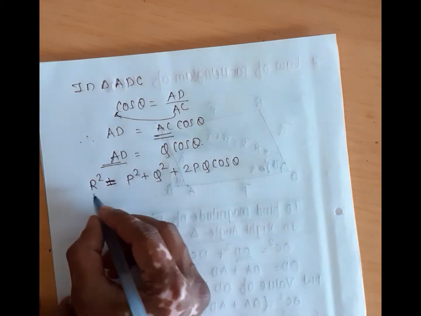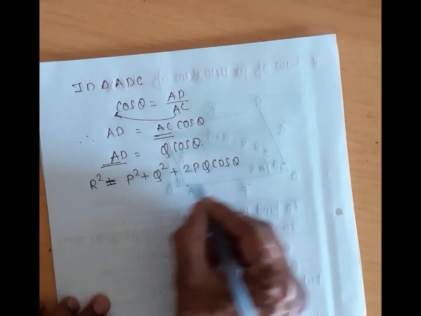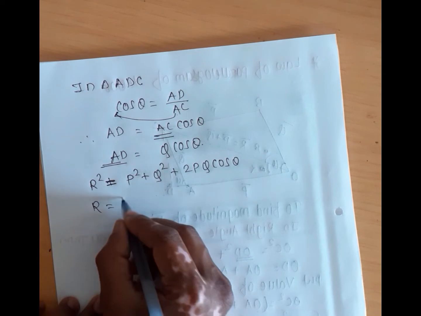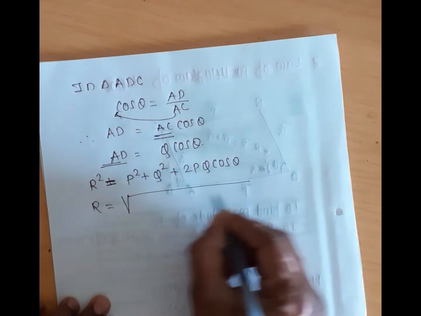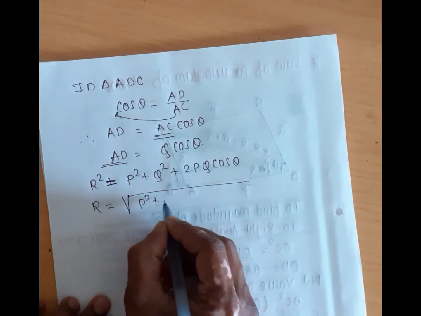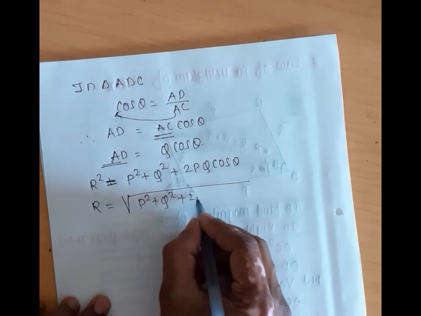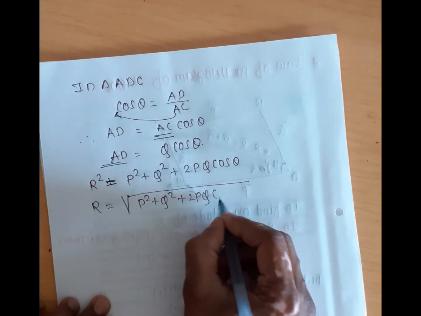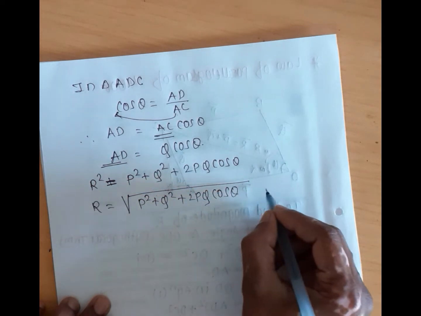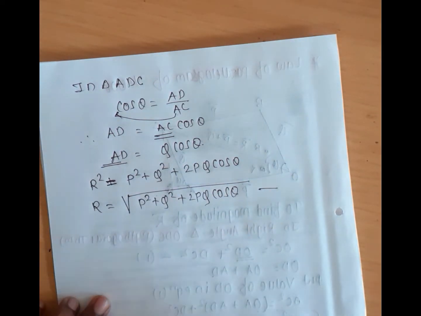After that, if the value of R square is this, then R is equal to the square root of P square plus Q square plus 2PQ cos theta. This is equation number 6.